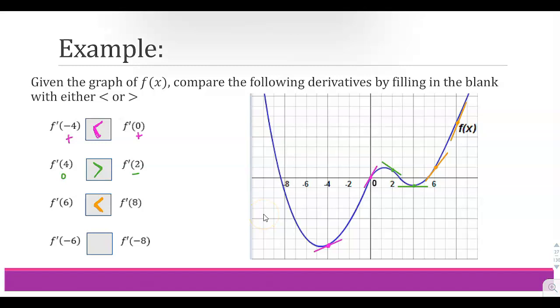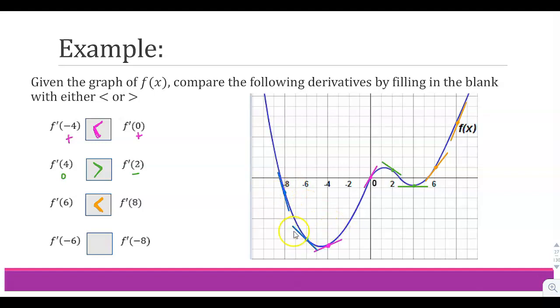And then lastly, we'll consider f prime of -6 and f prime of -8. So we'll find -6 down here, and we'll draw our tangent line, which just grazes the surface, and we'll go to the x value -8, find the function, and draw our tangent line there.